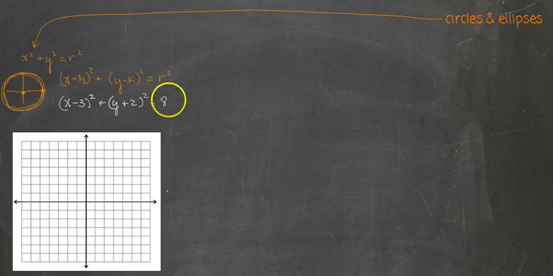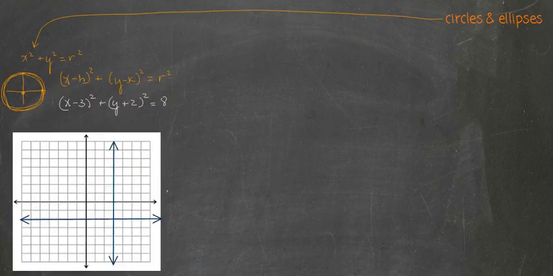Okay, well, that works pretty well because we can already see that x is cattywampus, and so the lines of symmetry for this circle, and I'm going to draw them in, would be at the line x equals positive 3, and the line y equals negative 2, not the y-axis, but the horizontal axis of symmetry.